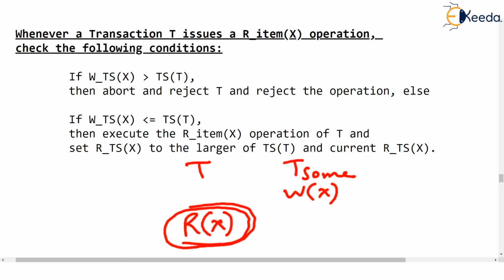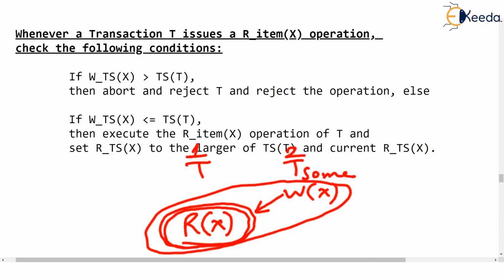There can be only one type of conflict with read, which is read-write conflict, isn't it? And you know this is not according to timestamp ordering, because if we assume T is an older transaction and T sum is a younger transaction, then a younger to older conflict is not allowed. Correct? Recall, an older transaction has higher priority.